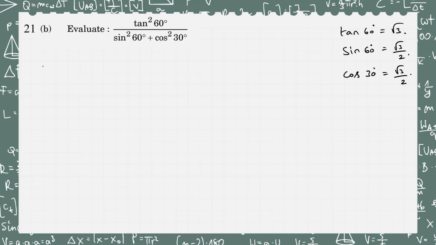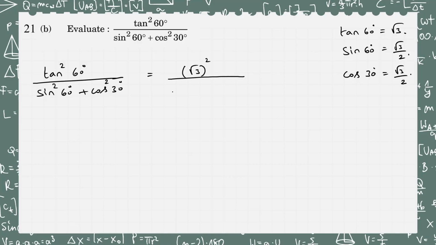Now let us start from the given stuff. Tan square 60 degree divided by sin square 60 degree plus cos square 30 degree equals tan 60 is root 3. So this becomes root 3 whole square divided by sin 60 is root 3 by 2. So root 3 by 2 whole square, and cos 30 is also root 3 by 2.